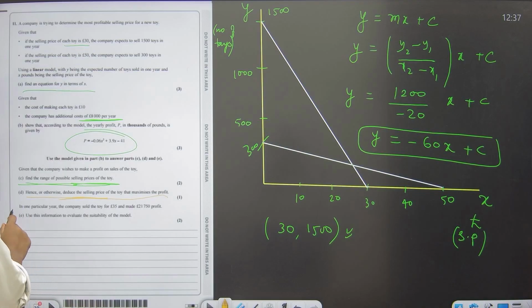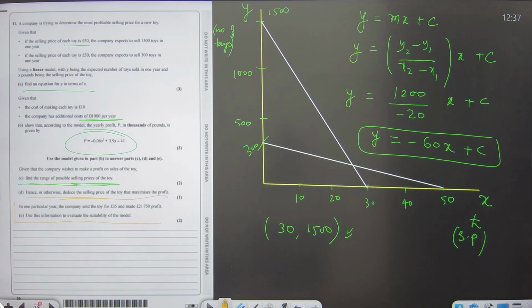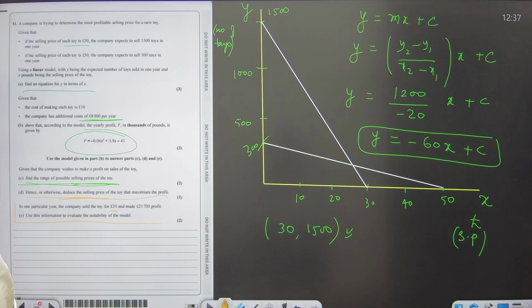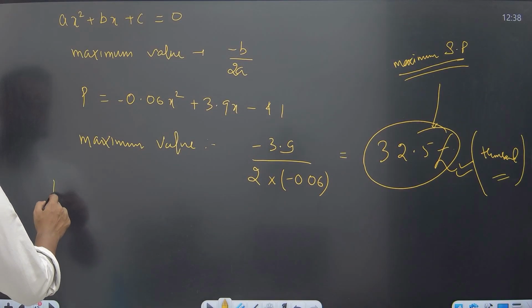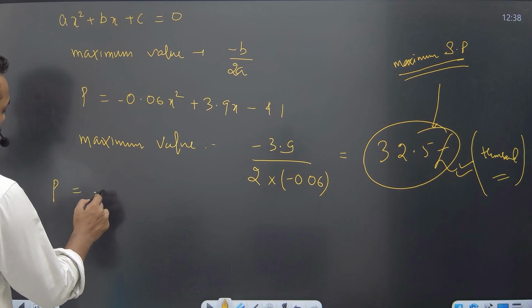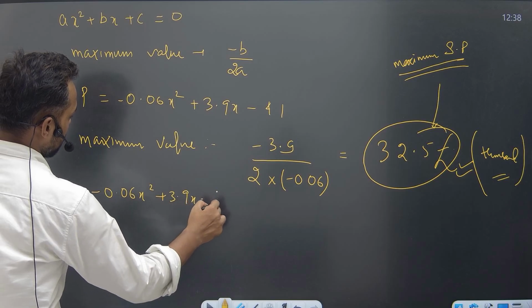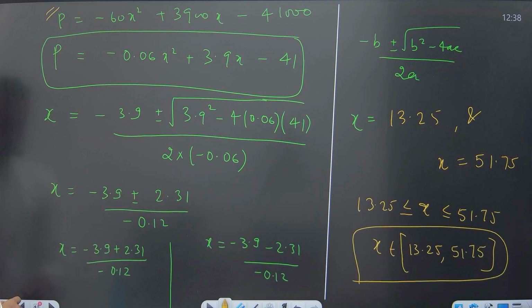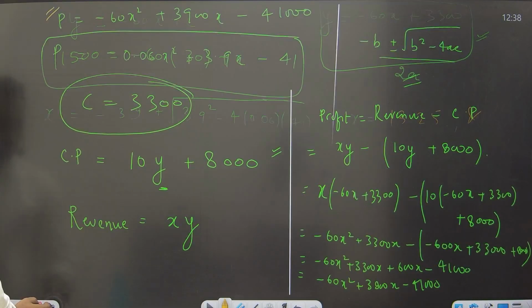In the next part of the question, they have told that the company sold the toy for 35 pounds and made 21,750 as a profit. Now we have got the profit equation. This was our profit equation, students.